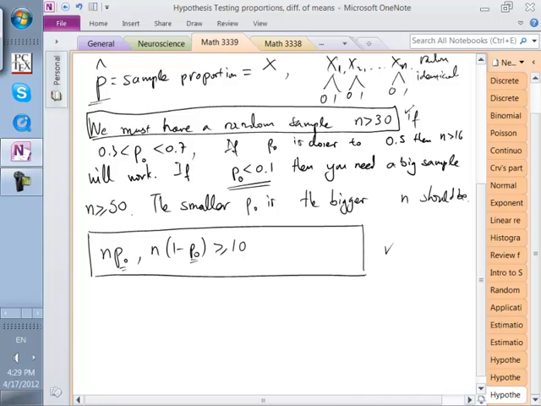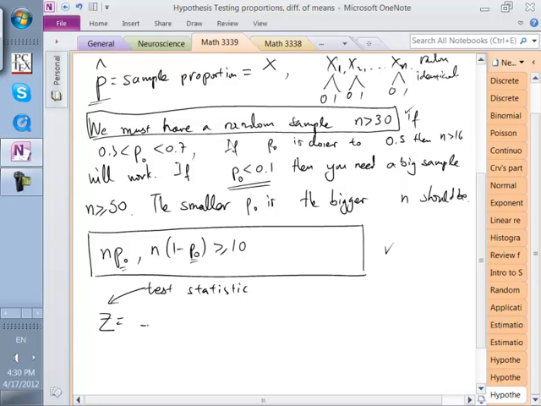So we have those, all right? Those are the assumptions. So what is the test statistic now? We take Z, that's our test statistic. And what is the distribution of Z? Yes, standard normal distribution.